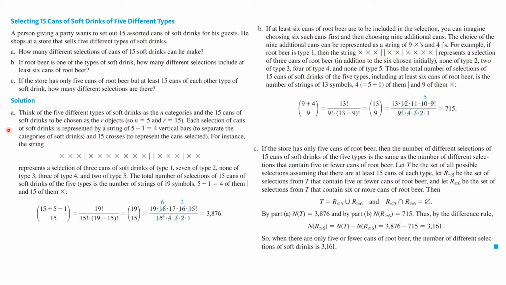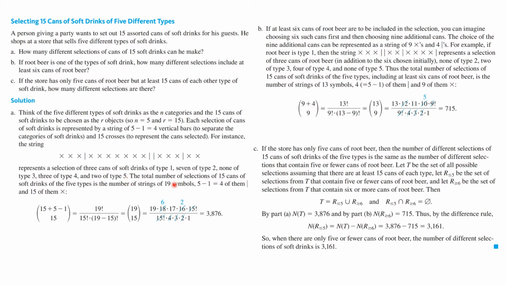Each selection of cans of soft drink is represented by a string of 4 vertical bars, which separate 15 crosses, which represent the soft drinks. For example, this represents a selection of 3 of the first kind, 7 of type 2, none of type 3, 3 of type 4, and 2 of type 5.